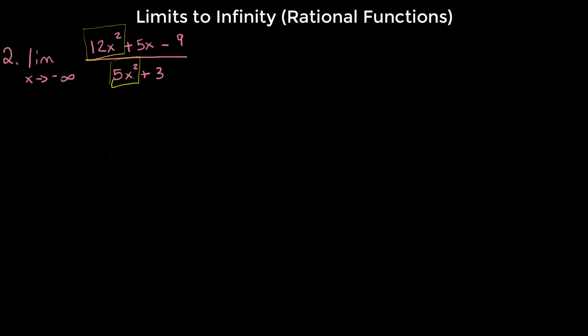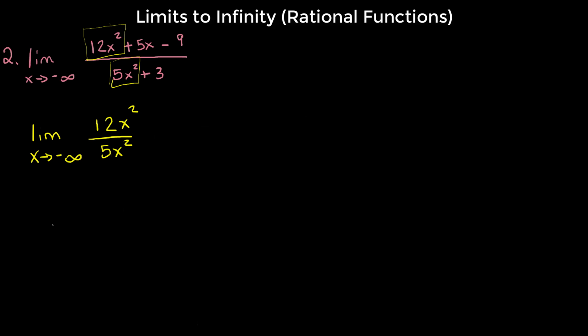All right, next step, we are going to state that this limit is equivalent to the limit as x approaches negative infinity of, just comparing the two, the quotient of the two fastest growing terms. So 12x squared over 5x squared.